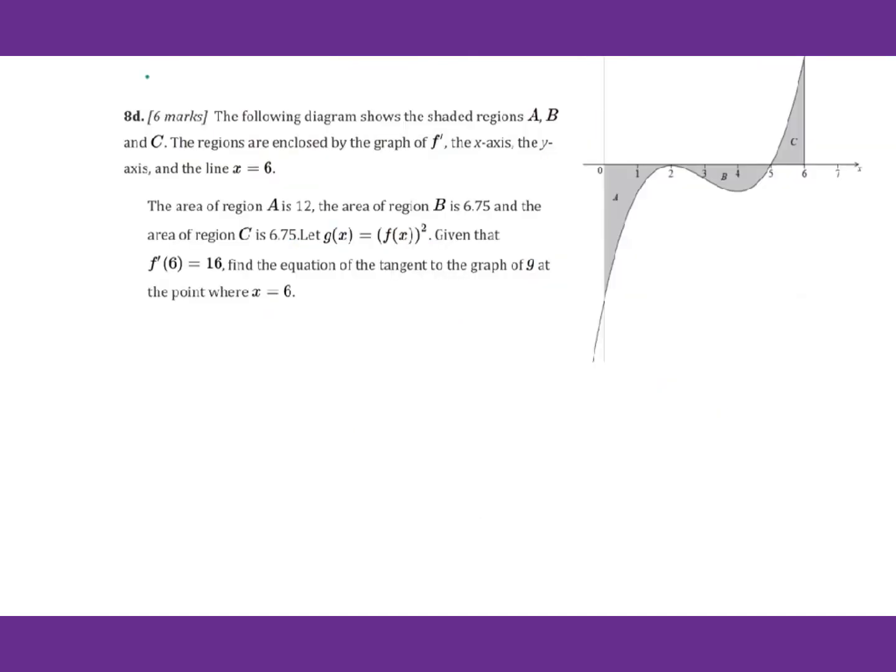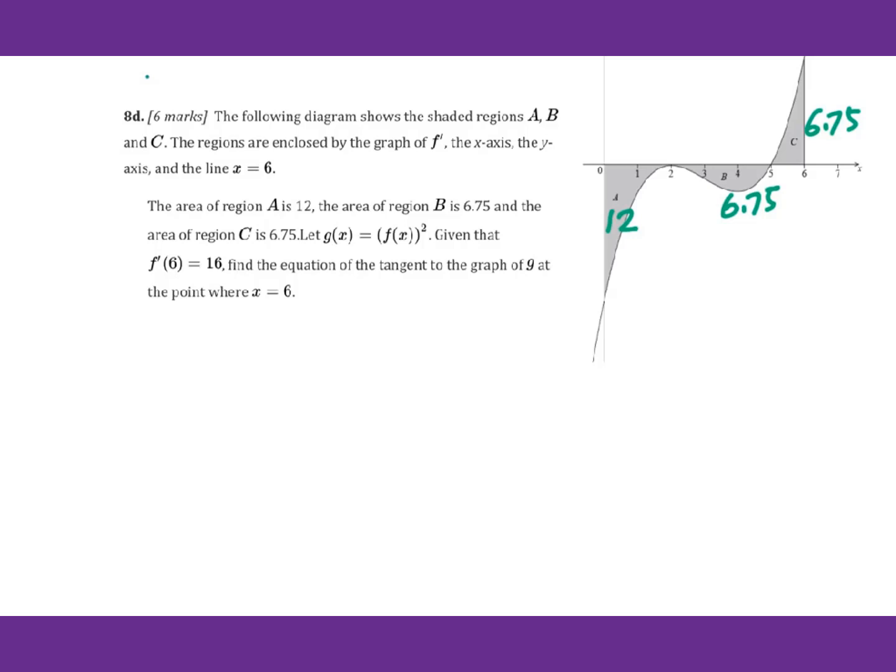Now let's go to 8D. The following diagram shows the shaded areas A, B, and C, and the regions are enclosed by the graph of f prime, the x-axis, the y-axis, and the line x equals 6. The area A is 12, B is 6.75, and C is 6.75.